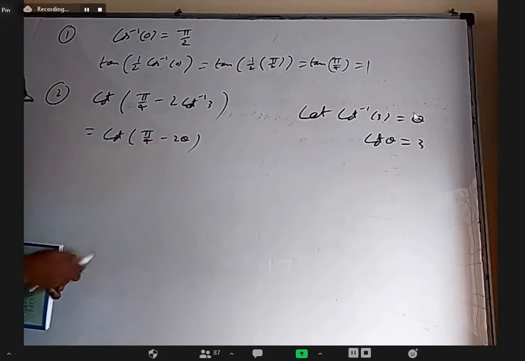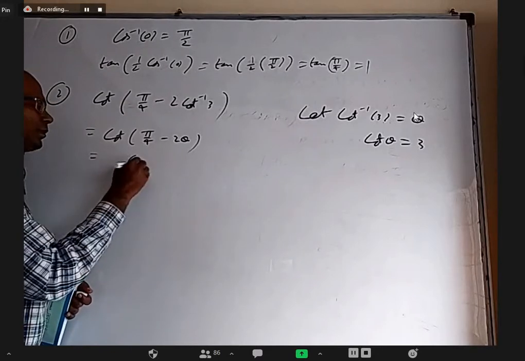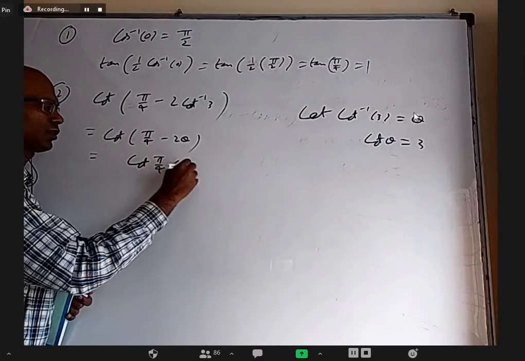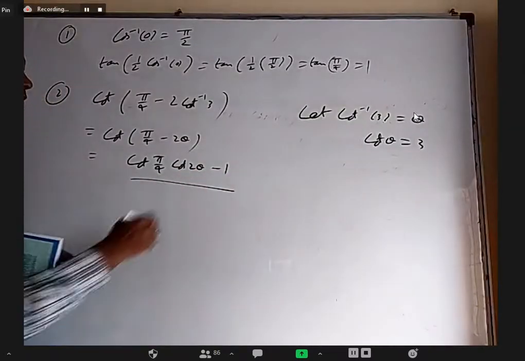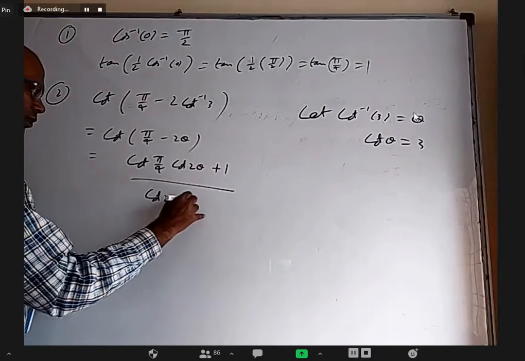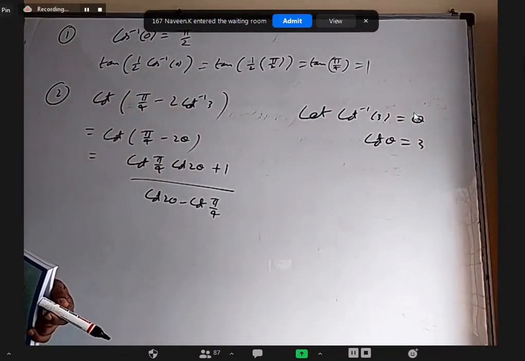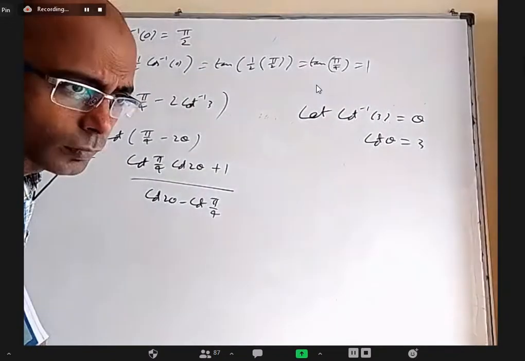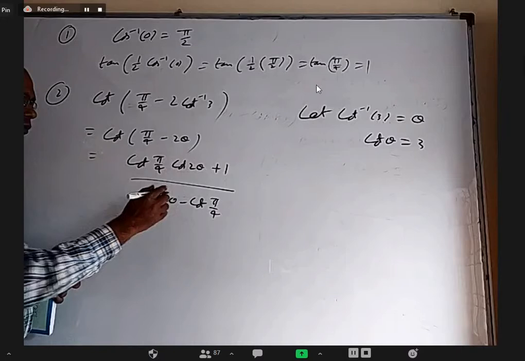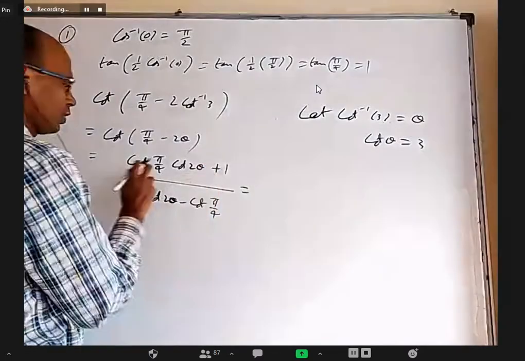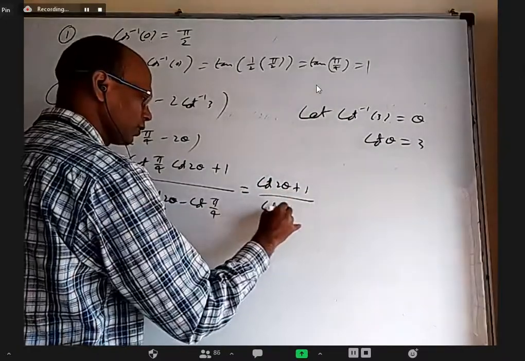Okay. Cot of A minus B, what is the formula? Cot A cot B plus 1 by cot B minus cot A. So cot pi by 4 cot 2 theta plus 1 by cot 2 theta minus cot pi by 4. Am I right with the formula? Yes, sir. So cot pi by 4 is 1. So I basically got cot 2 theta plus 1 by cot 2 theta minus 1.